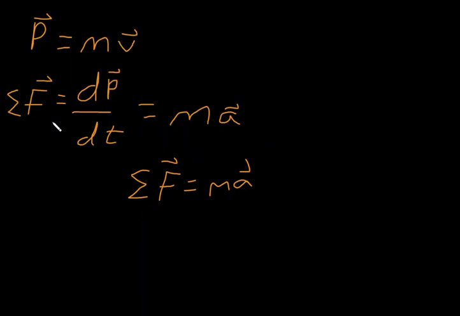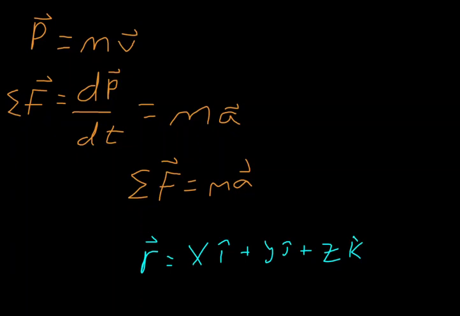Finally, the last thing, and this is the one that some people may not be super familiar with. Instead of x, we can have the r vector. And the r vector is simply this: x times i hat plus y times j hat plus z times k hat.